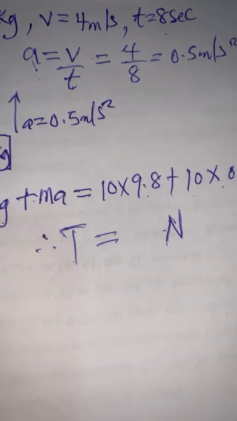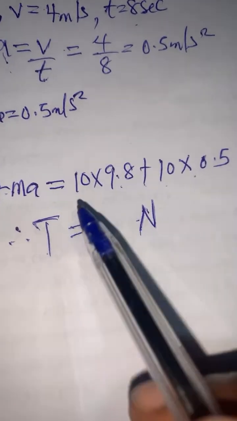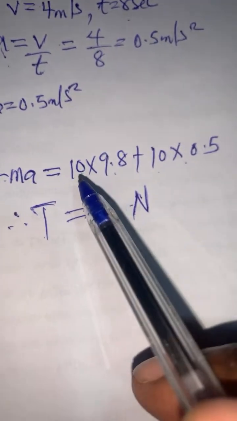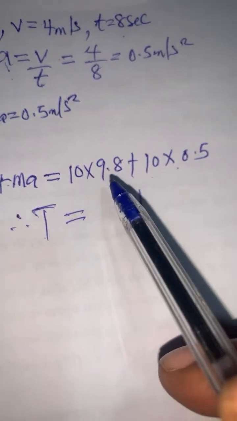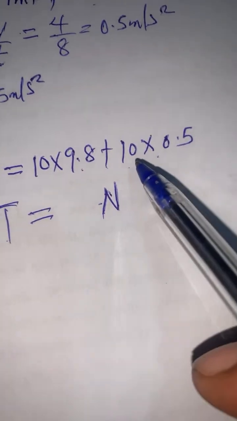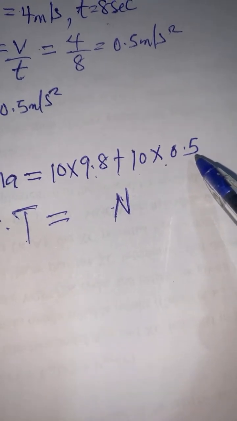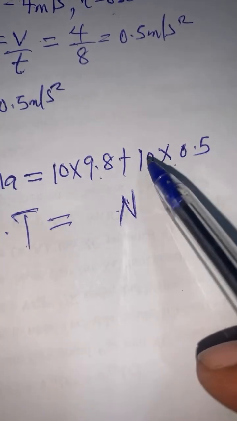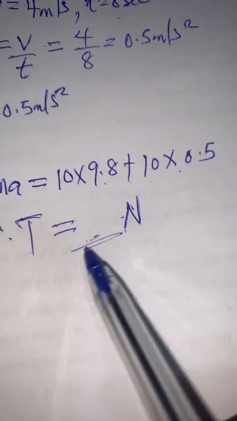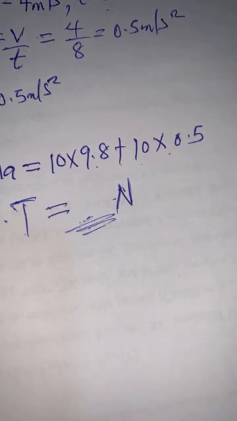Please do it properly. You multiply 10 by 9.8. When you're done, multiply 10 by 0.5. Then add up the answers. Anything it gives you, that's the tension. I just hope you understand.